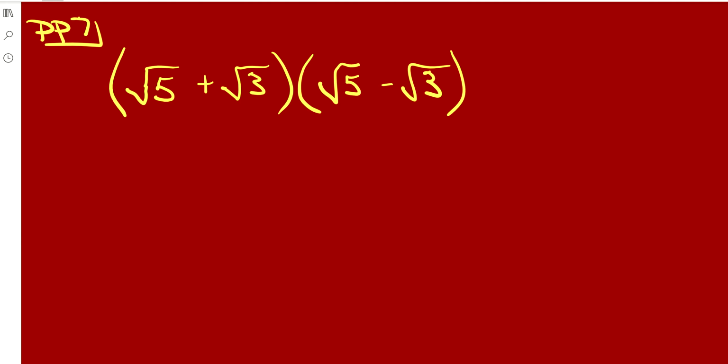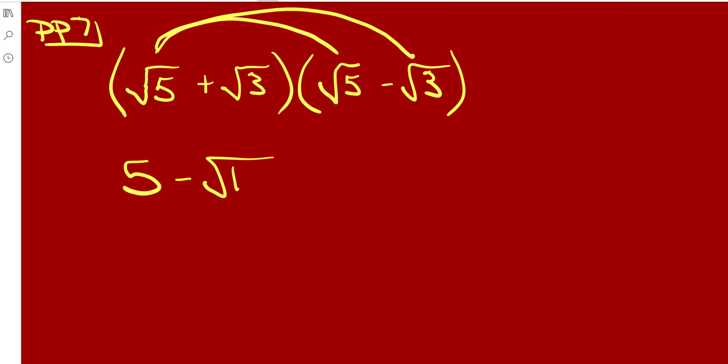Okay, practice problem 7. I'm going to multiply the sum and the difference of the same two terms. If I do it like so, I've got the square root of 5 times the square root of 5 is 5. Outside is square root of 5 times negative square root of 3, which is negative square root of 15.